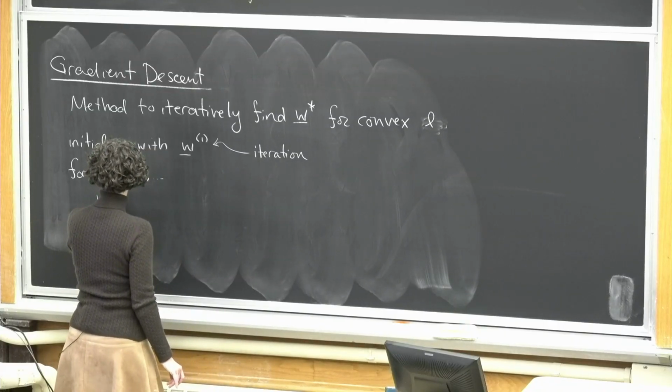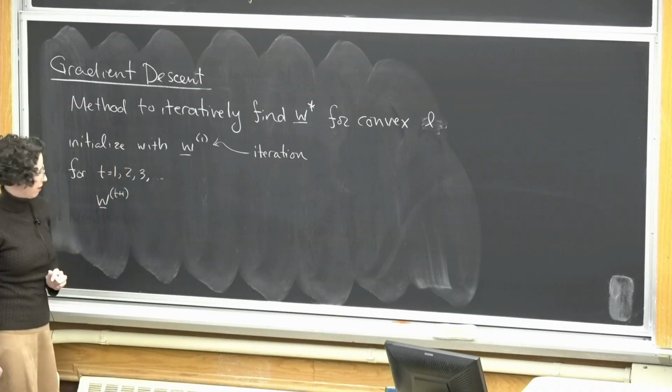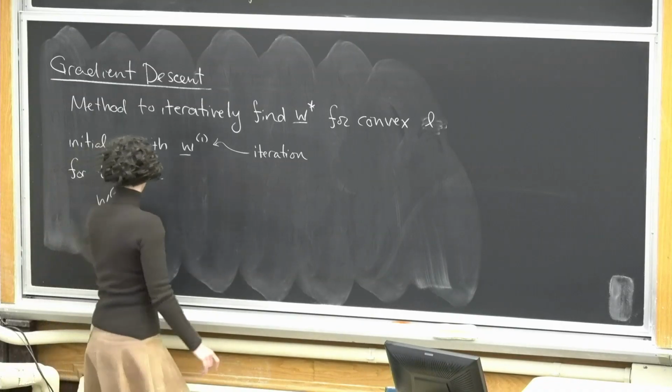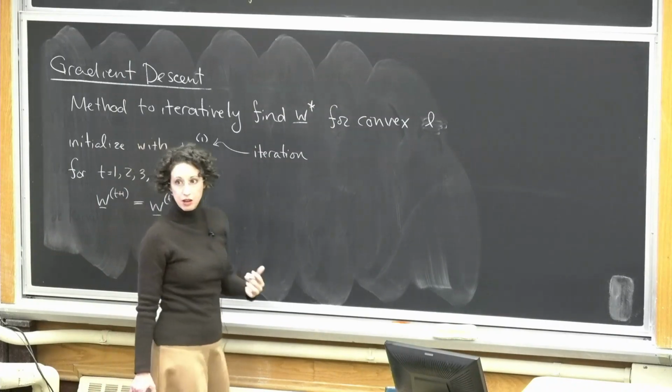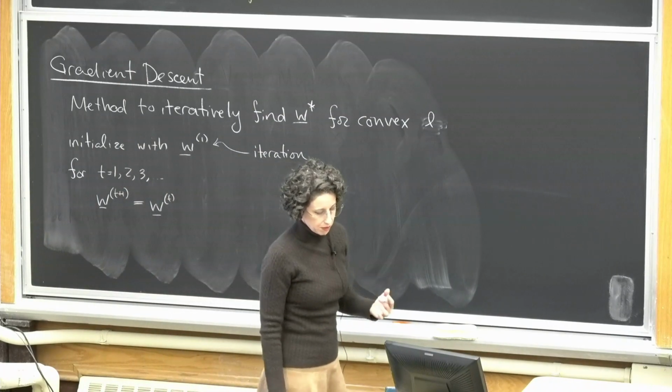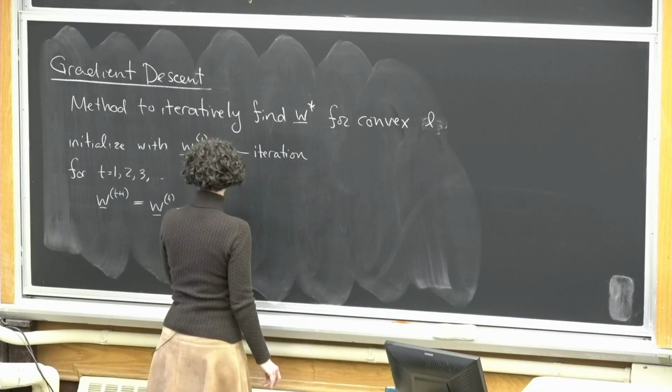So I'm going to compute my weight vector for the t plus 1 iteration by taking my weight vector at iteration t and making an adjustment, and in particular by taking a step in the direction of the negative gradient.